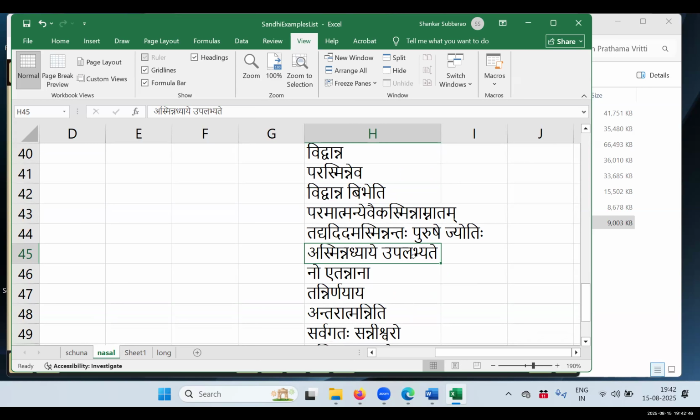There is dvitvam of that nakara. It is asmin adhyaye, which becomes asmin nadhyaye. Yeah, that is the agama. I don't want you to call it dvitvam. There's an agama, ngamutagama. Nut comes in. Therefore, asmin nadhyaye. Correct.